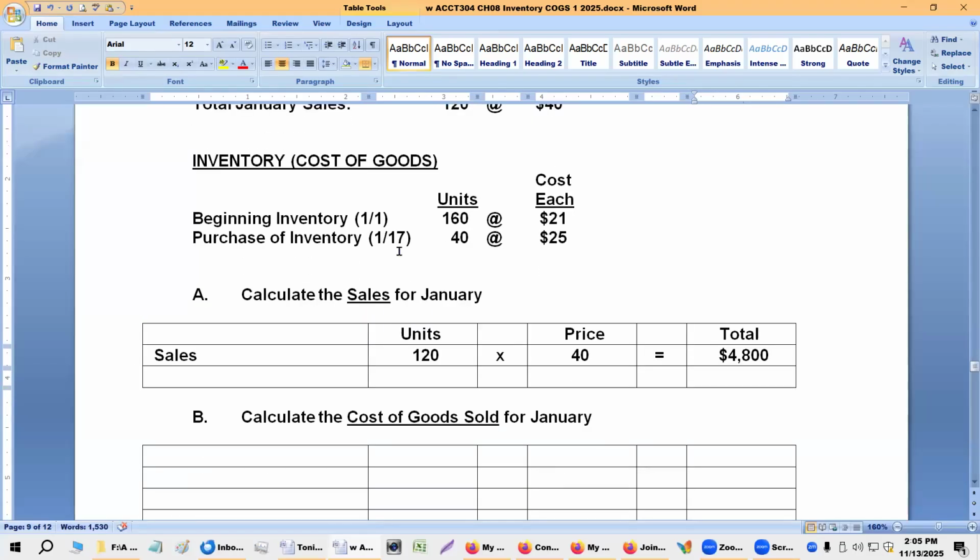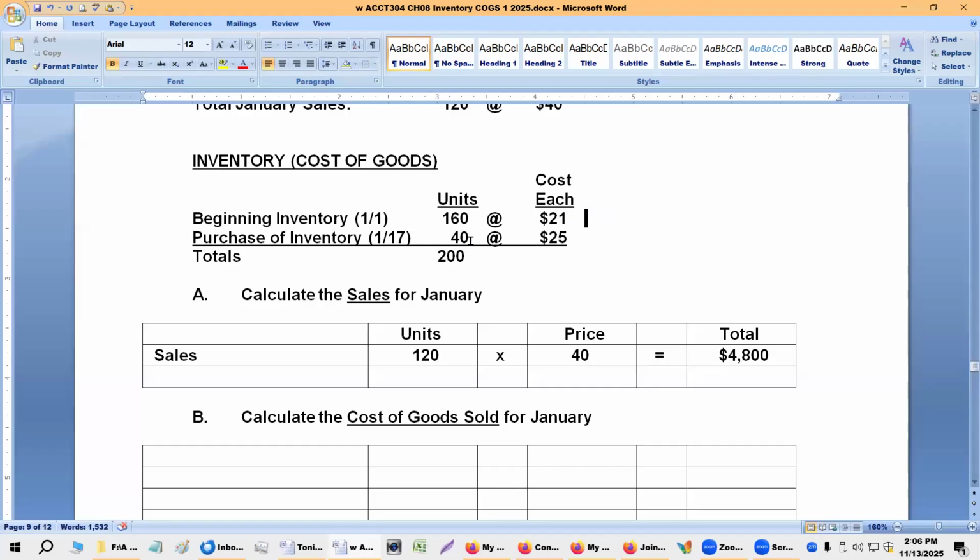Now for the hard part. What we're going to do is take the average cost of these. So the first thing we're going to do is get our totals here. Okay, so units sold, we had 160 plus 40 equals 200. And we need to get the total cost.